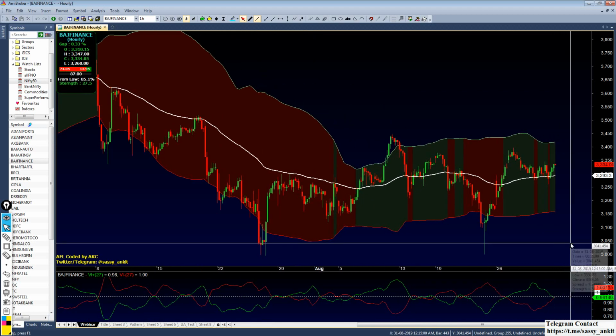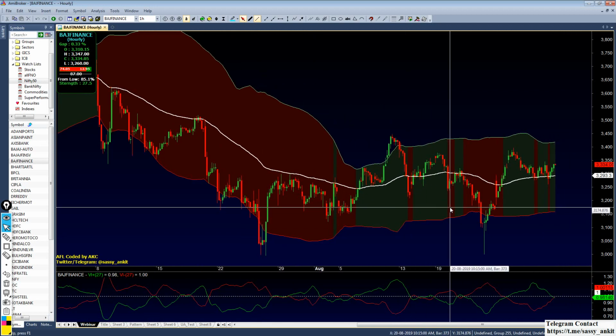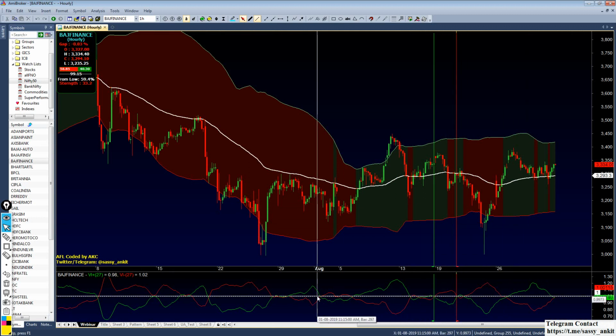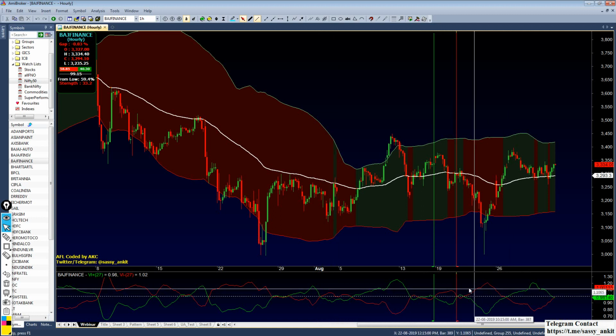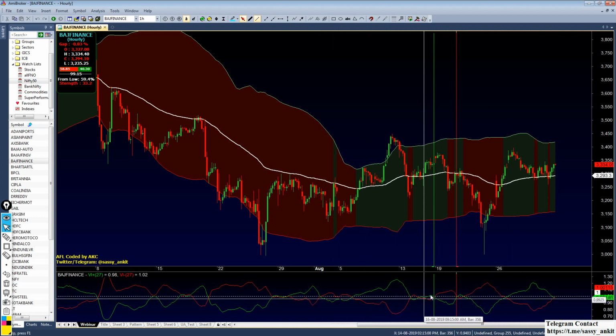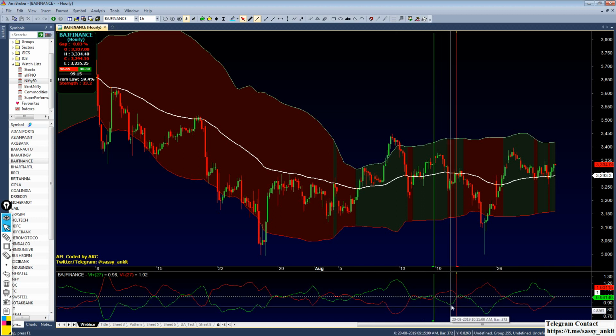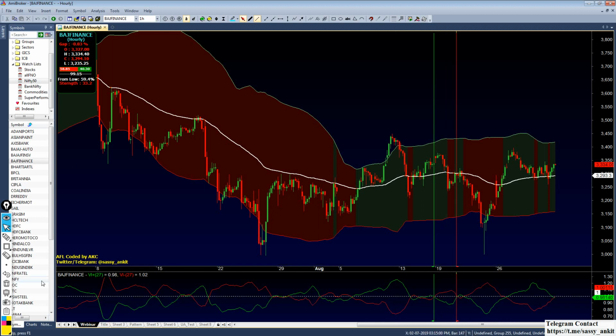Here you can see weakness visible again, but I'll not like to trade. I'll not consider this because it's too far away from this. But yes, you can consider that buyers are weak, so you may look for a sell. Now, the Bollinger Band: let's say this is my moving average line.